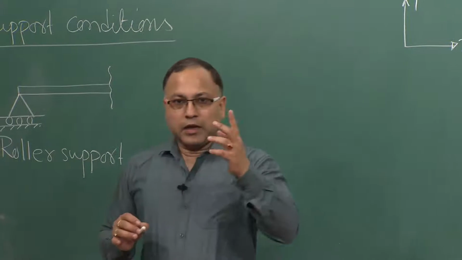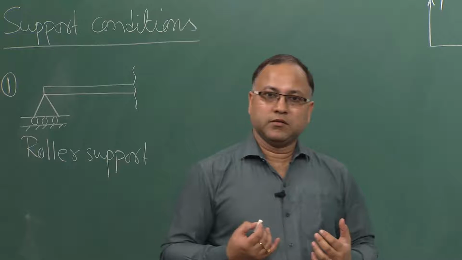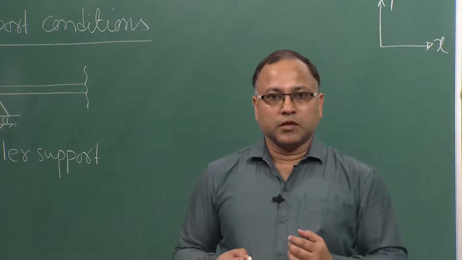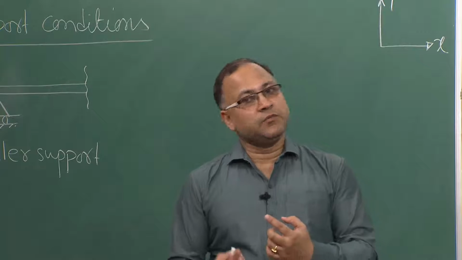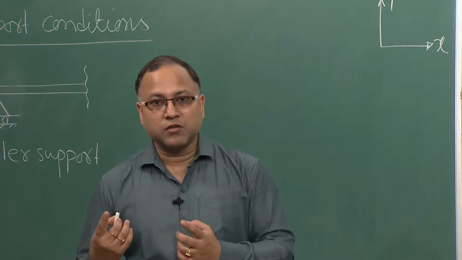As I told you, I am standing on the floor. My weight is giving some action on the floor, so the floor is giving an equal and opposite reaction, as per Newton's law.